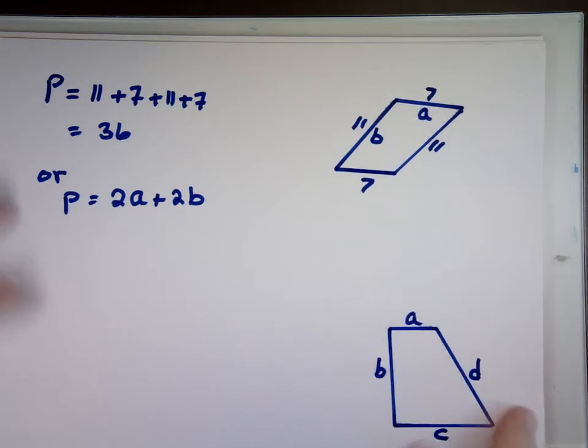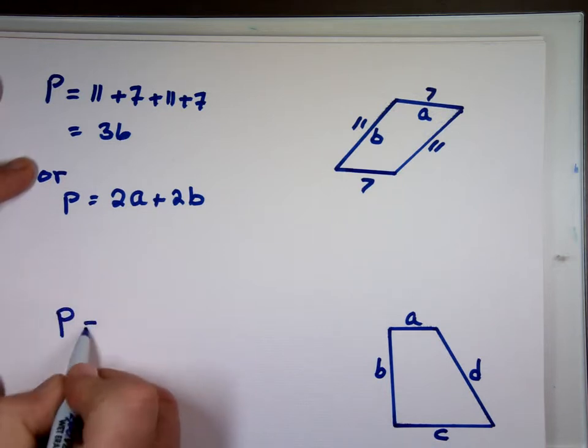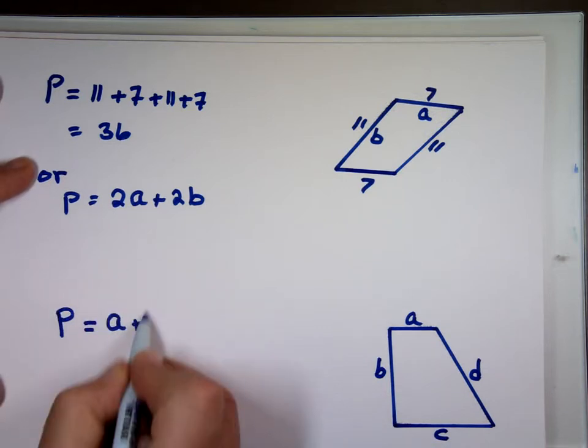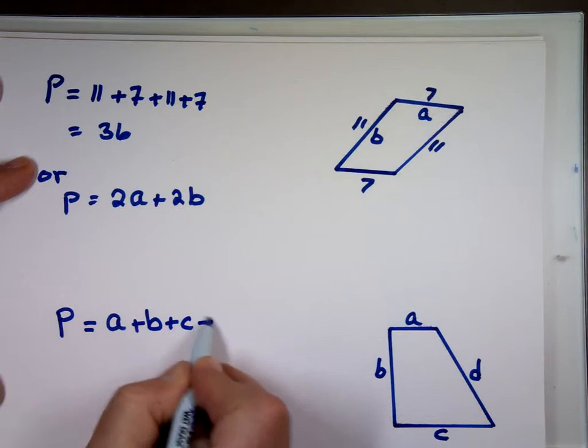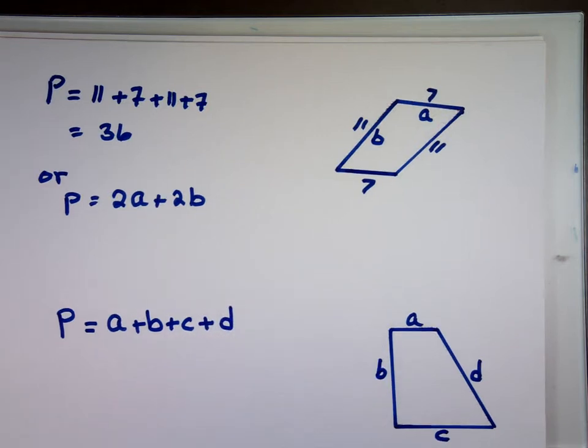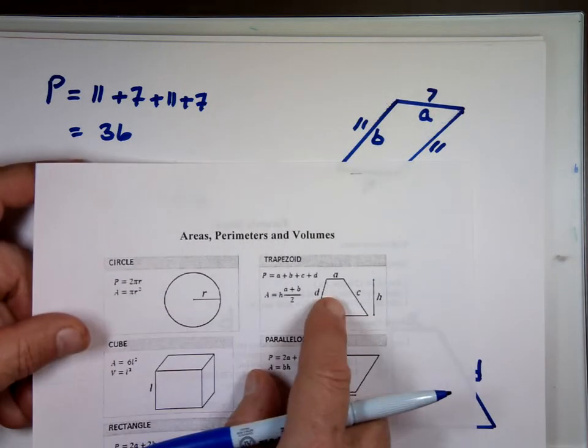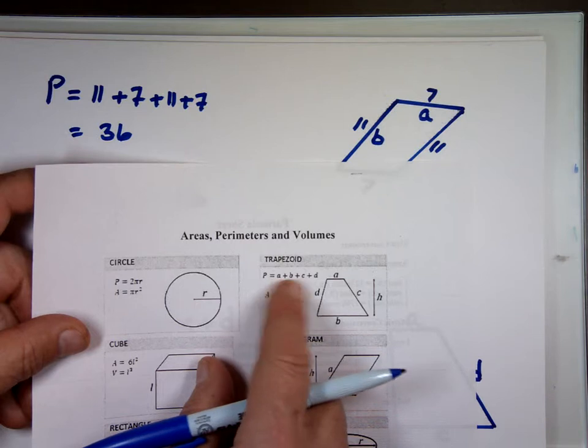The perimeter of that is, what do you do? You add all the sides. Again, think of the perimeter as a fence. A fence you're going to put around that. Notice right here, trapezoid, the perimeter is A plus B plus C plus D.